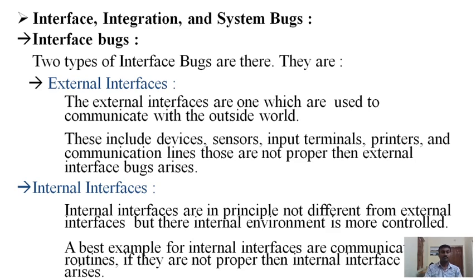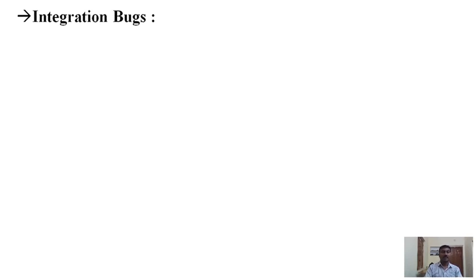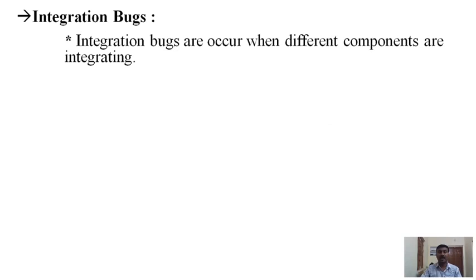Then the second one, integration bugs. Integration bugs occur when different components are integrated. For example, a project may contain a number of components or modules. If all those modules are combined or integrated into one system, only then does it behave as a total project.